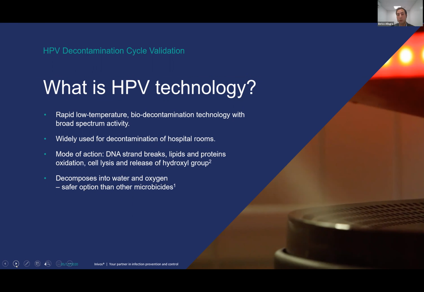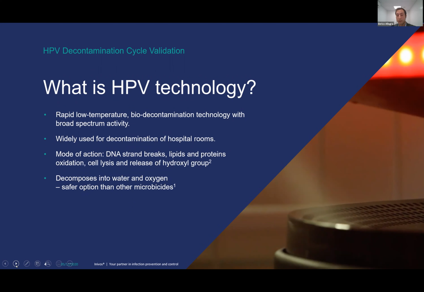Hydrogen peroxide is able to cause breaks in DNA strands, and there have been studies showing that individual strands of DNA are detectable after exposure to hydrogen peroxide. These will lead to the cell death of bacteria and viruses. This is one way which has been proved and shown.